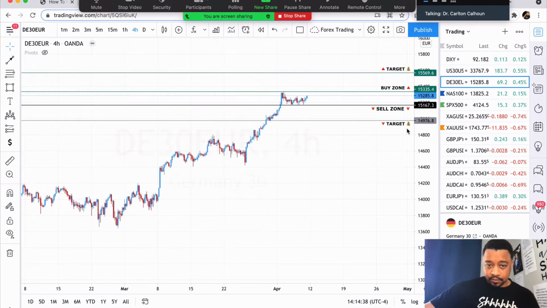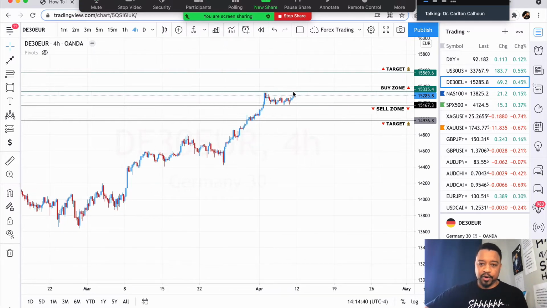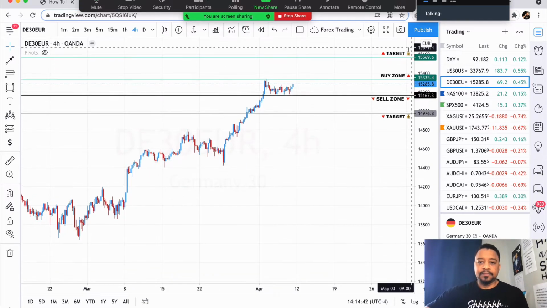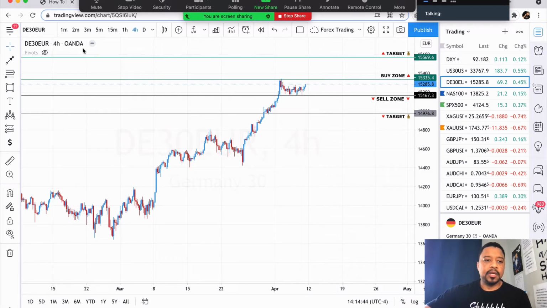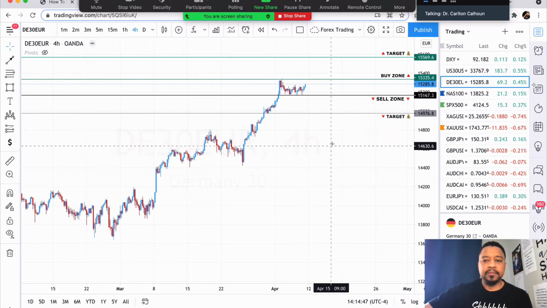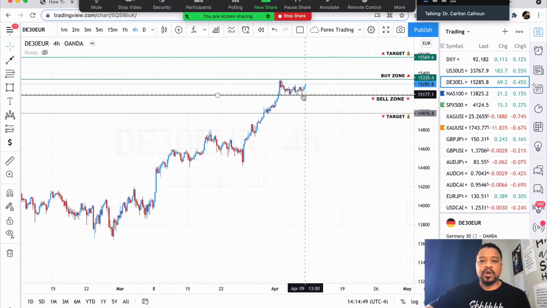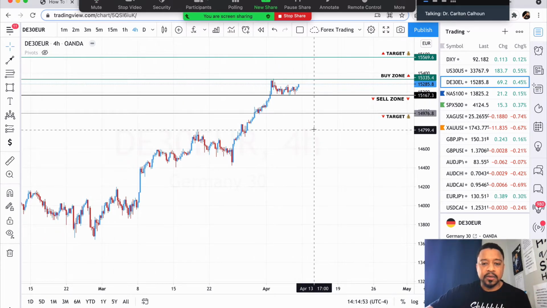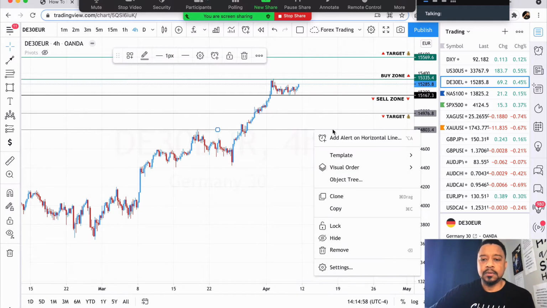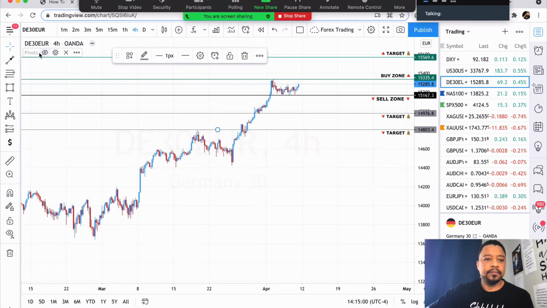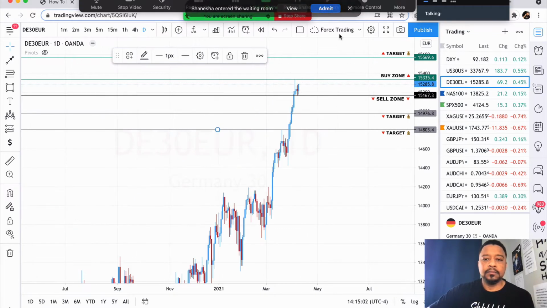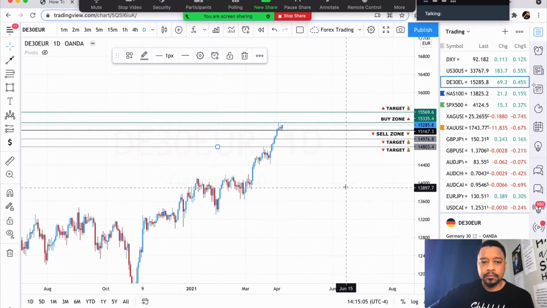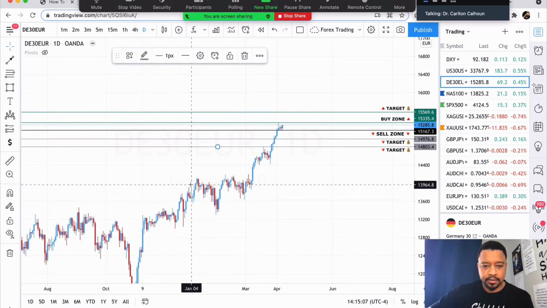German 30. So buy zone right above where it reached. Target is this new level based on the fib. Sell zone is where it broke out. And then we take targets going down. Let's do this again. Peak drop.